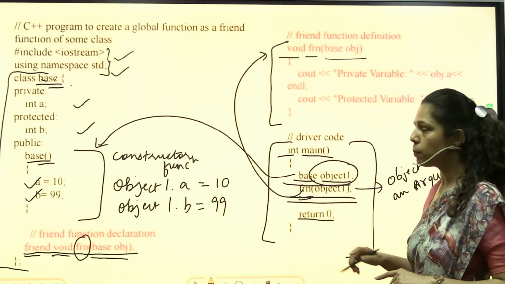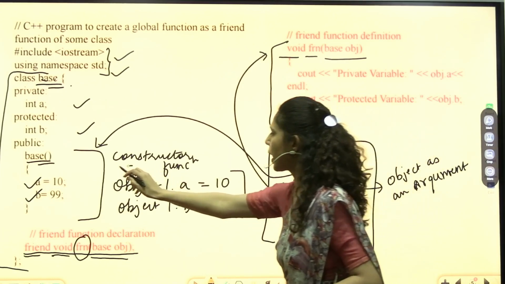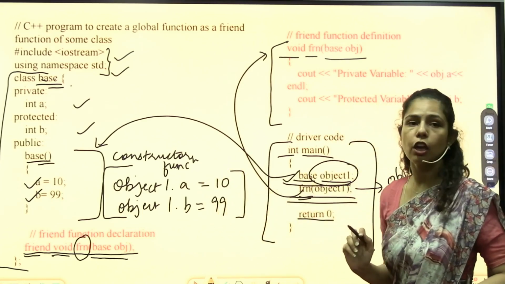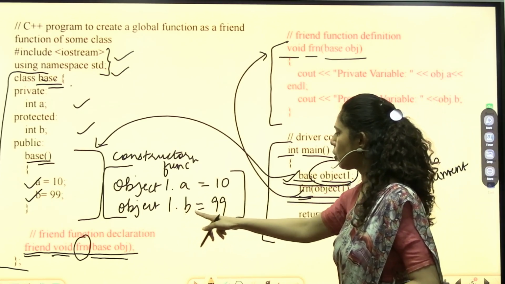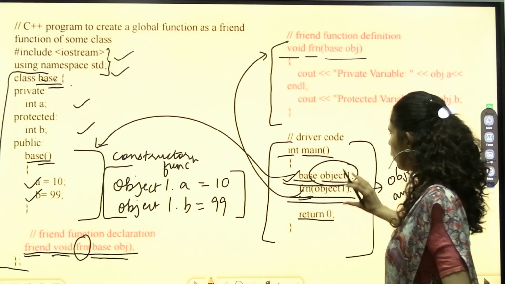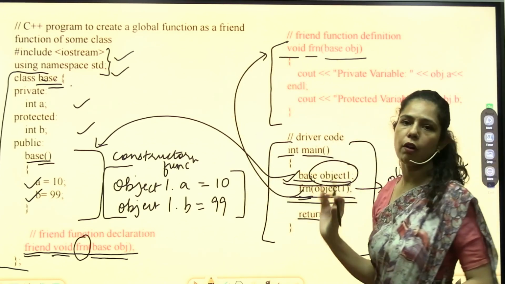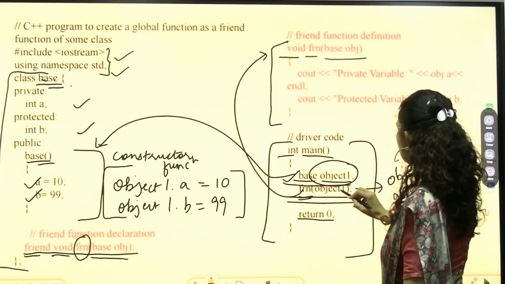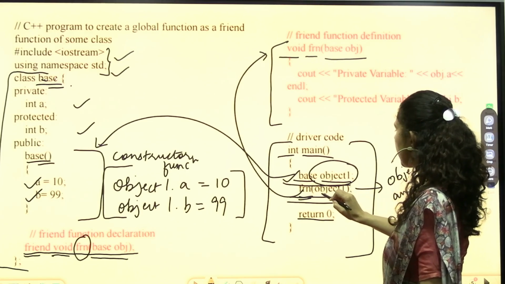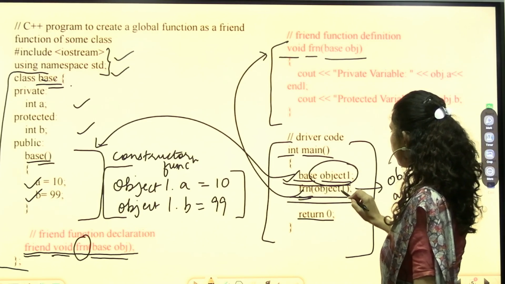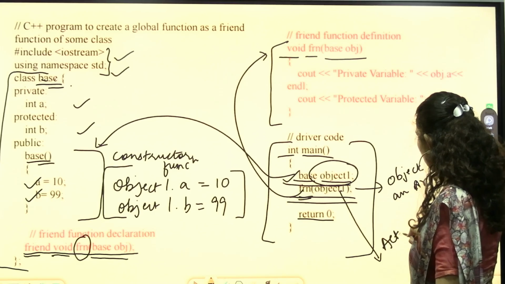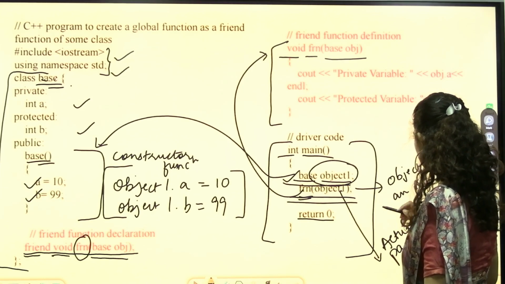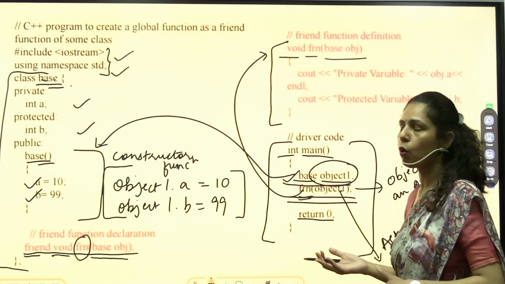And what is the value of object1? That we have just assigned using the previous line, this particular line. So object1.a is 10 and object1.b is 99. Both of these values will be carried as an argument to our friend function. Now what is happening in the friend function? The value that we are carrying here as an argument, that is object1, is our actual parameter. We know that whenever any function is called, the actual parameters are copied into the formal parameters.